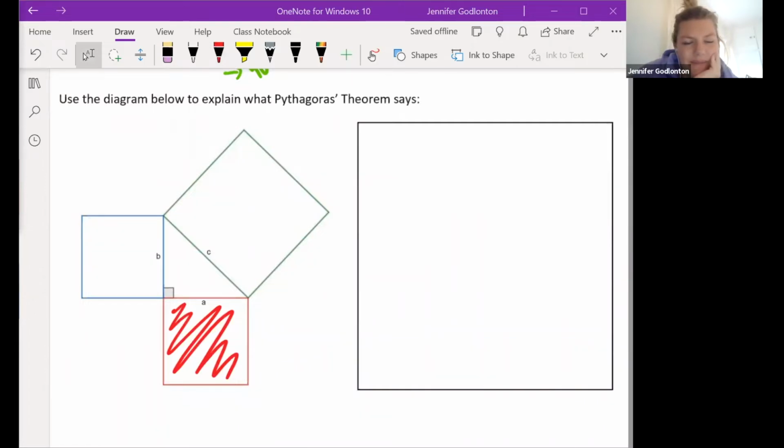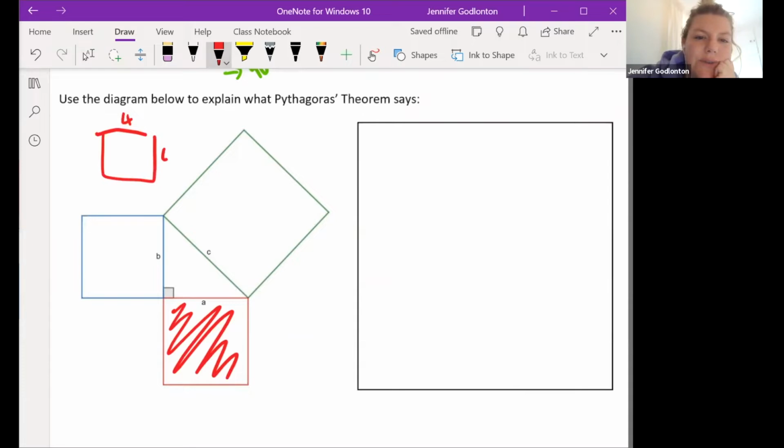Ma'am, by calculating C and B. Okay, but if I didn't have any other information, if I just had that red one, how would I work out its area? Ma'am, you'd have to use the 90-degree angle. So think about it: if I gave you a square that looked like this, and I said that this was 4 and this was 4, how would you work out that area in there?